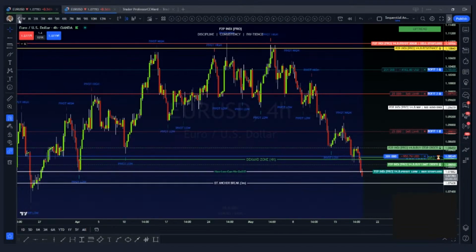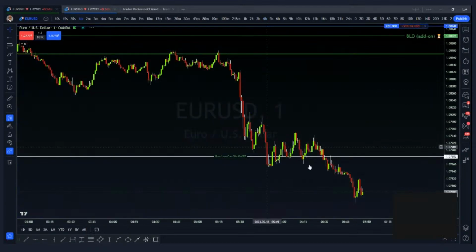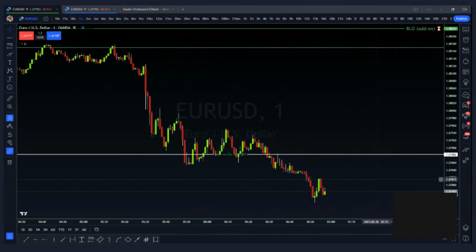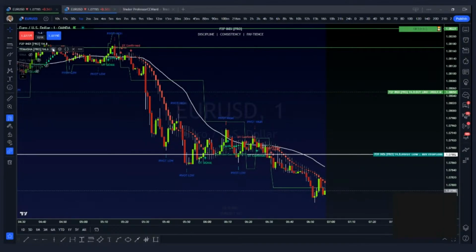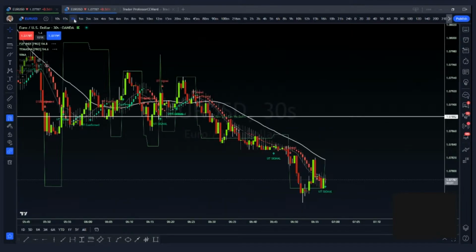Let me go down to the 1 minute. Yeah, that's still not uptrend formation. I don't like that. Let me turn on these. Yep, still don't have any uptrend. What about 30 seconds? Let me turn this to the uptrend.